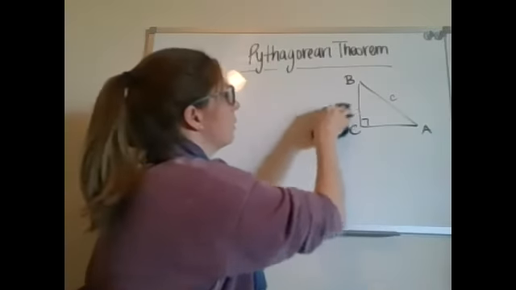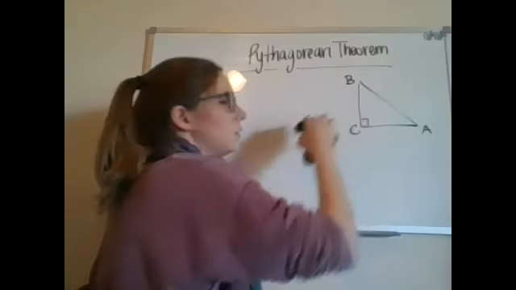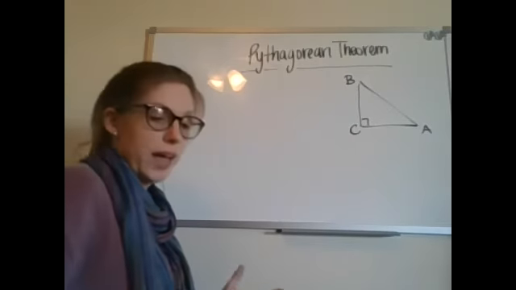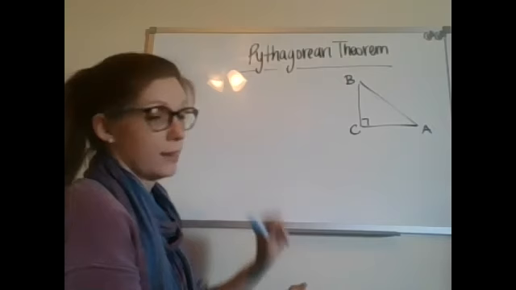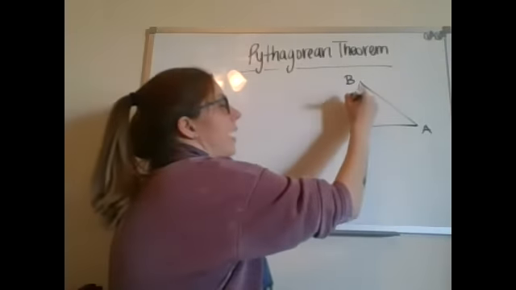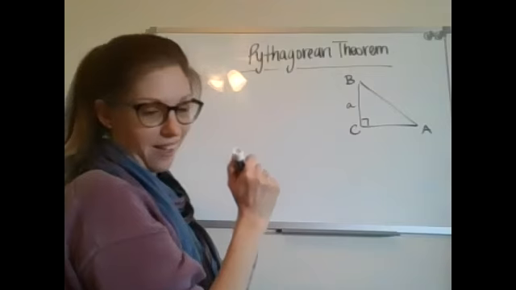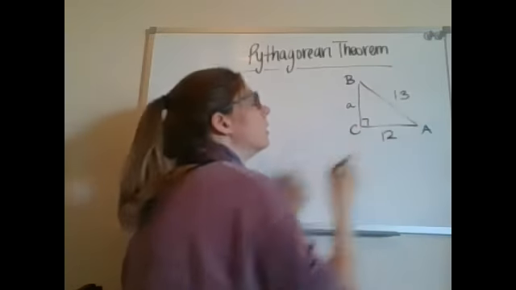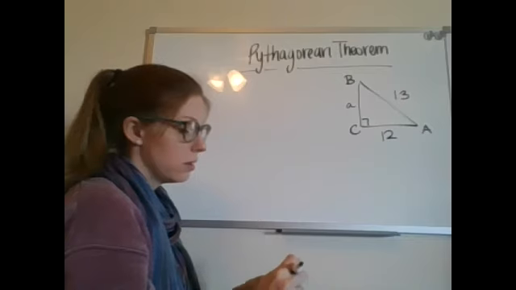Leave this triangle up here. So this is a little cute triangle. All right, let's look at another example. All right, so say I tell you for right triangle ABC with C equals 90 degrees, I want you to find A if B is 12 and C is 13, okay?